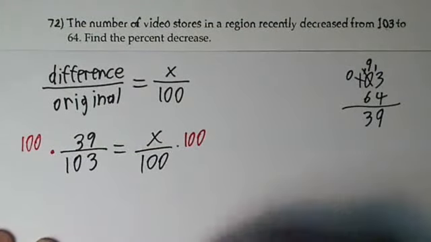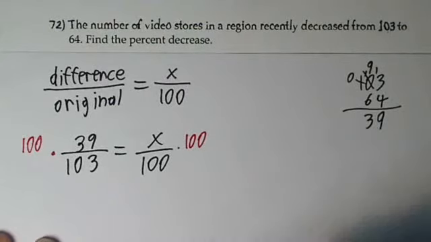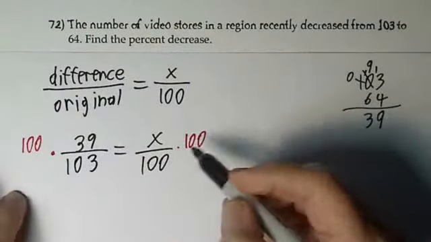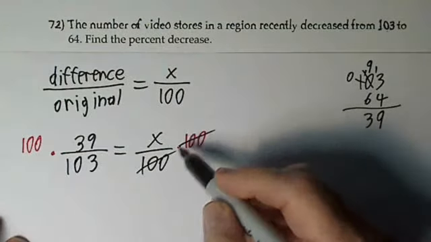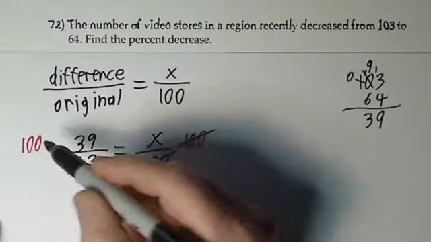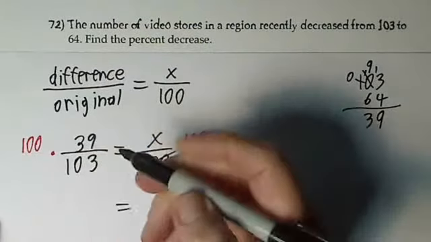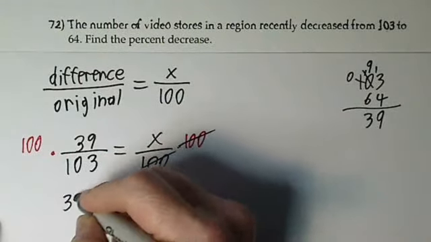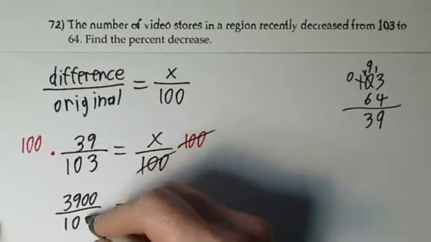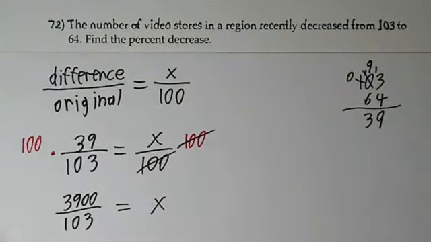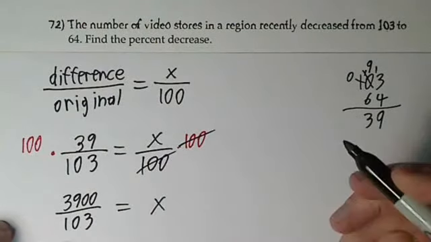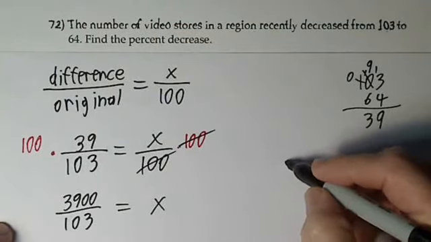Not much is going to clean up here, but over here, that always cleans up. So we have x equals 39 times 100, which is just 3,900 over 103. And we're going to have to do some division here. So 3,900 divided by 103, let's see where it gets us.